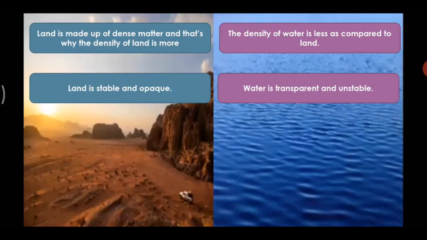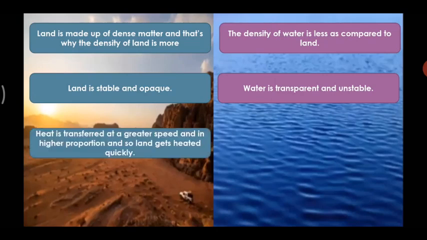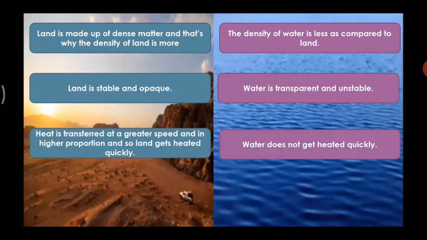Now see the next difference. Heat is transferred at a greater speed and in higher proportion in land, and so land gets heated quickly as compared to water. Water does not get heated quickly because the transfer of heat is not at a greater speed.